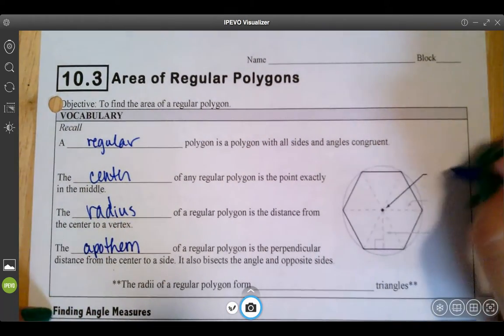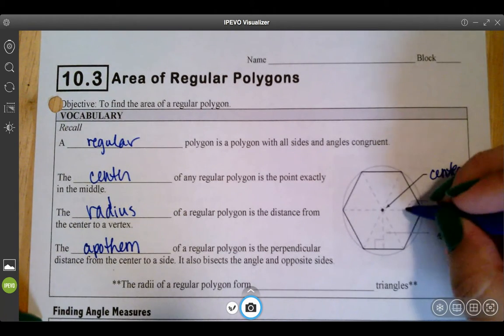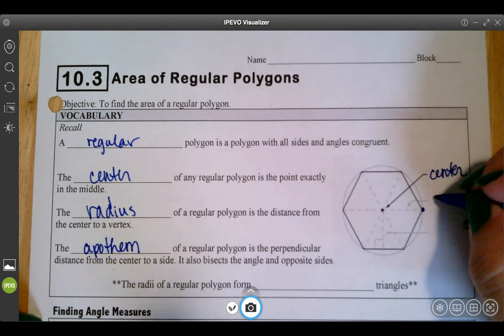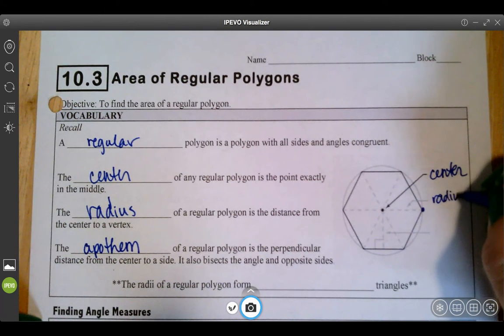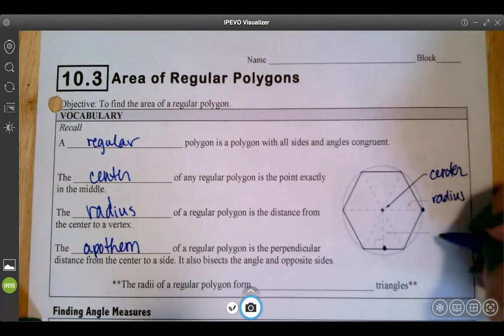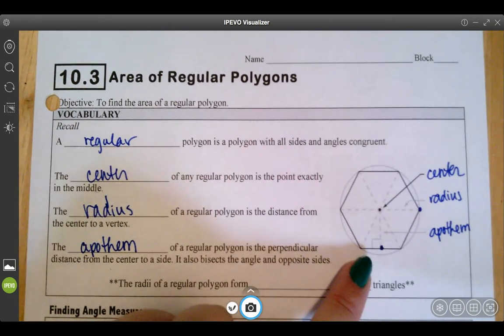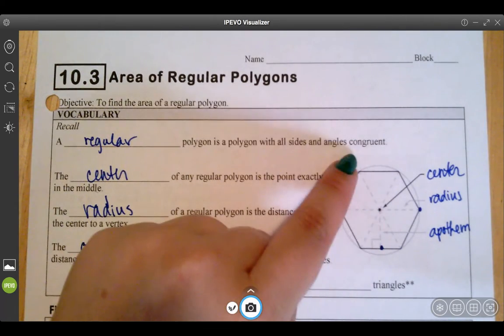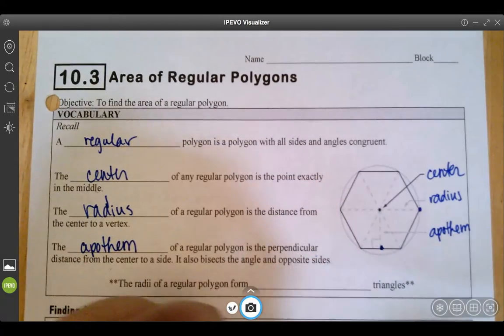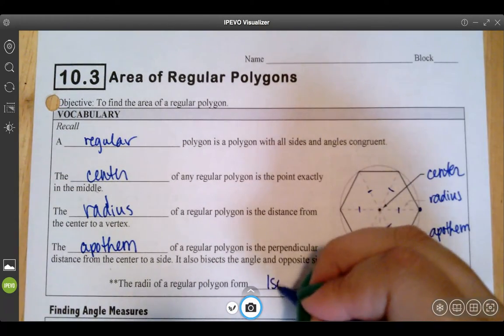So here we have the center of the circle. All the way out to the circle is the radius, and out to the polygon, but not all the way to the circle, is the apothem. If we have a regular polygon, all of the radii will be the same value. And that means that these triangles will all be isosceles triangles.